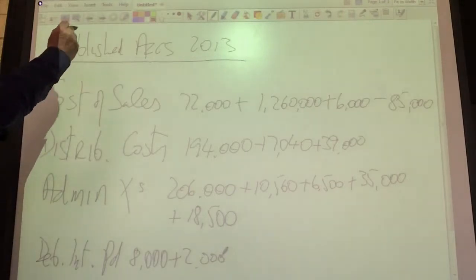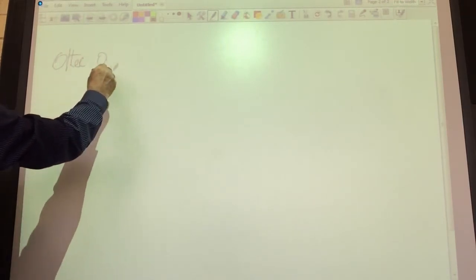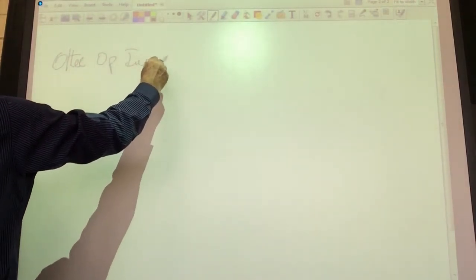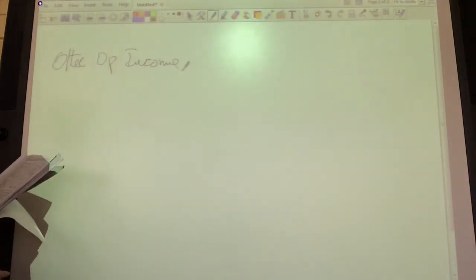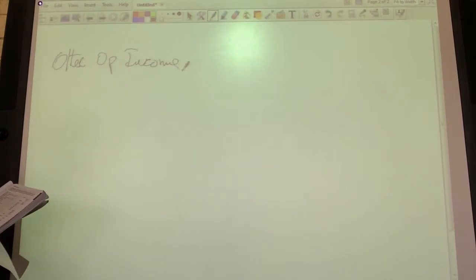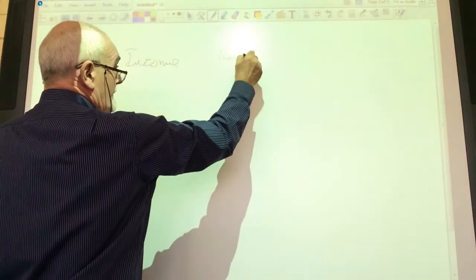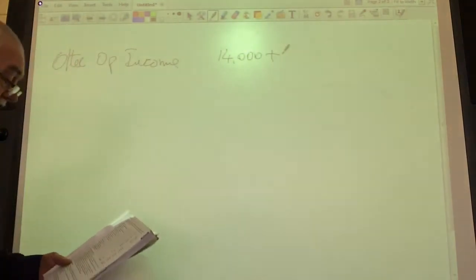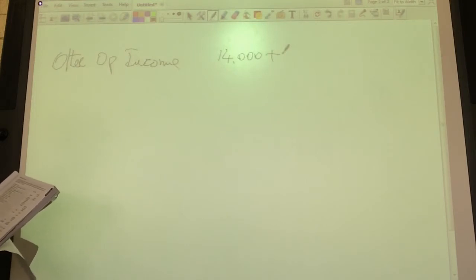And then we're going to do another line for our other operating income. Now remember, we said already our main operating income is sales, but we have some other operating income in this question. We've got patent royalties, reading in the trial balance from the bottom up there. Patent royalties, €14,000. We have rental income. Remember, your incomes will be in the trial balance as credit entries, credit liabilities, gains and sources of income.